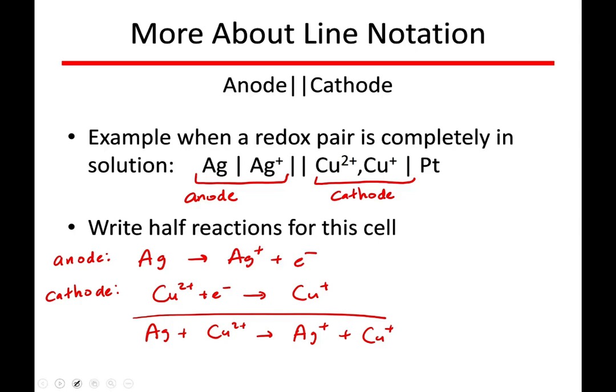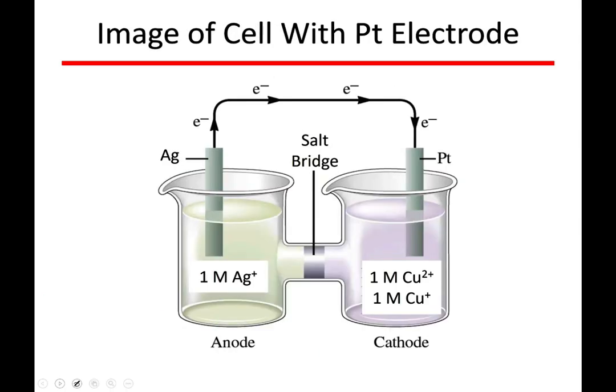Now, just to get a visualization of what it would look like to have a cell like this, where you would have the redox pair at the cathode that's all in aqueous solution, and to show why you need the platinum wire to make this happen, I have a visualization here that shows our cell. So we have at our anode the Ag and Ag+, and electrons are going to flow from the anode over to the cathode.